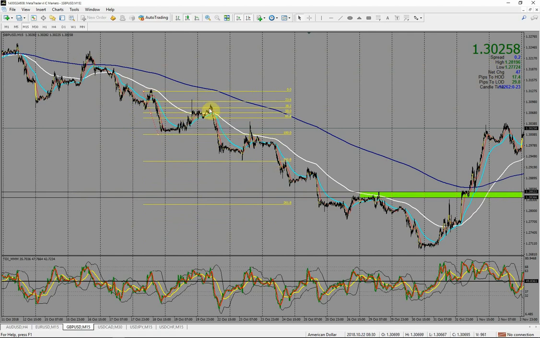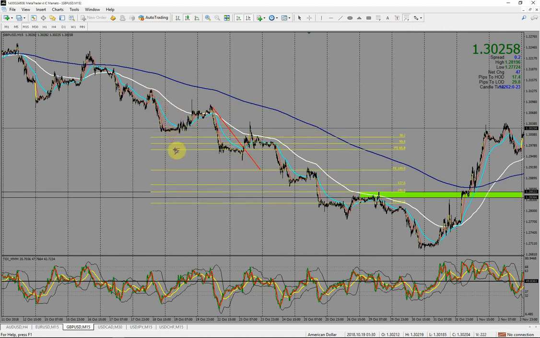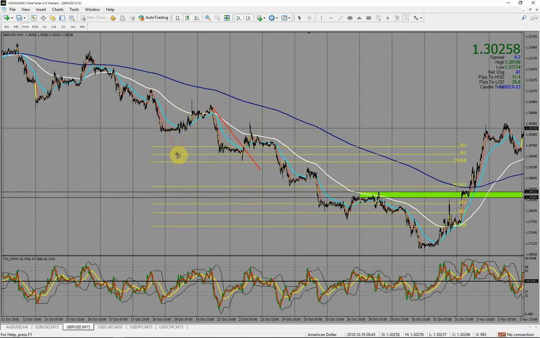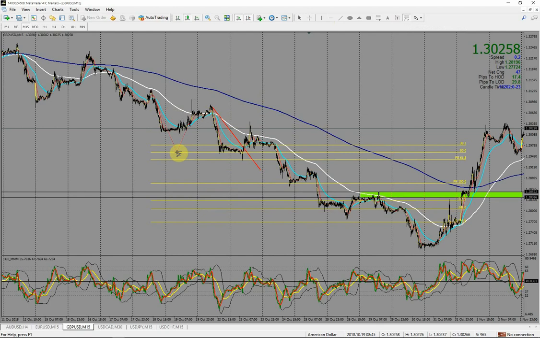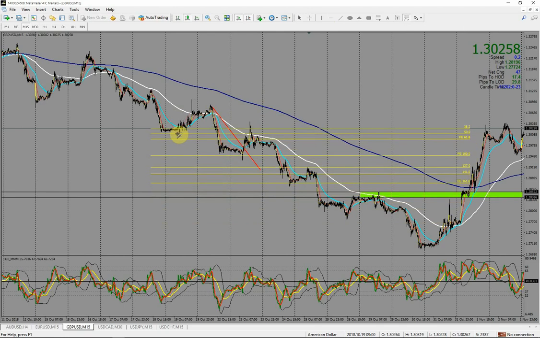From 38%, my target is 127. Then from 50%, my target is 141. And then from 618, my target is 161. Take my targets there, and then I wait for another retracement. So now that I've entered here, and then I took my targets, let's remove that.